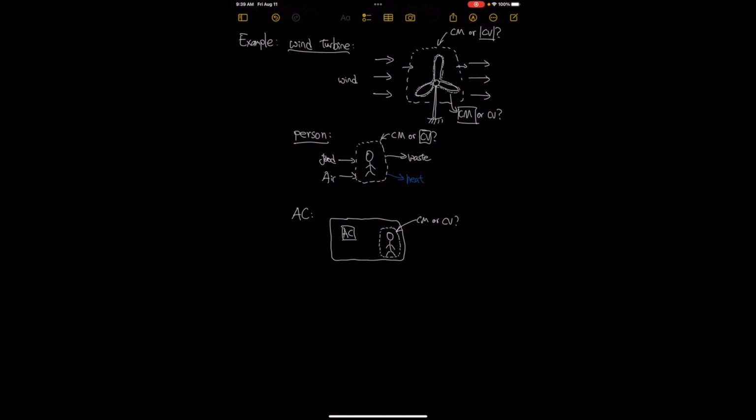Right. And the one important thing I want to point out for this specific example, in this case, we care about what? We care about the energy flows in, flows out, right? Because that's what the AC does, right? Trying to extract the energy from inside the room and dump it to the environment, and that's the way it cools down the room, right?